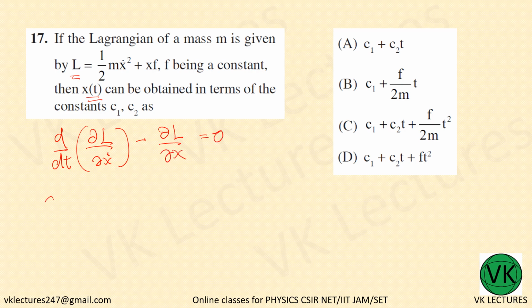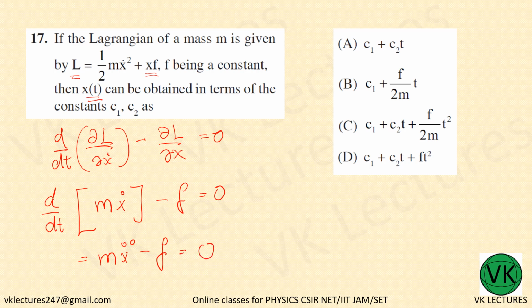Now this is equal to d by dt of, what is dou L by dou x dot? 2 m x dot by 2, that is equal to m x dot, minus, what is dou L by dou x? That is equal to f, equal to 0. What is the total time derivative of m x dot? That is nothing but m x double dot minus f equal to 0. From here we get x double dot is equal to f divided by m.